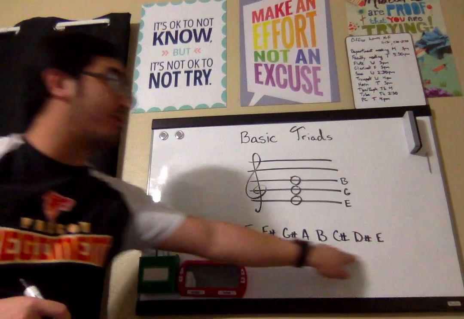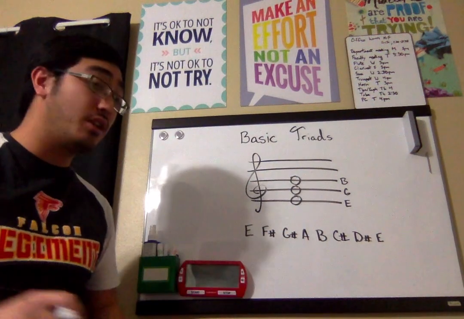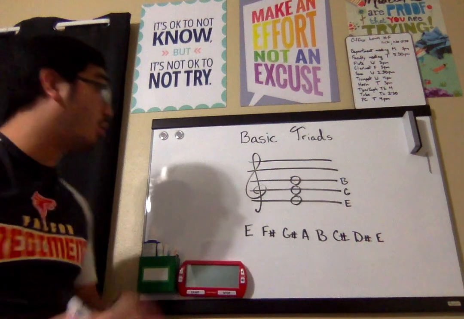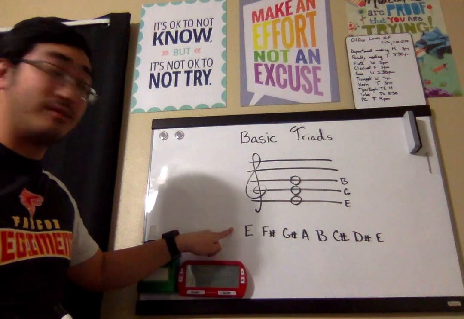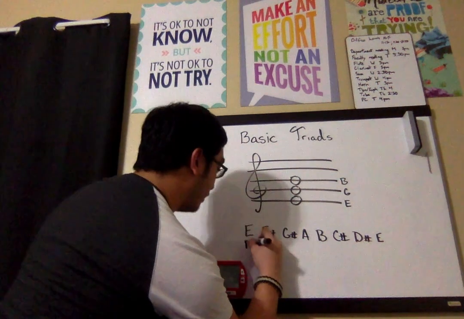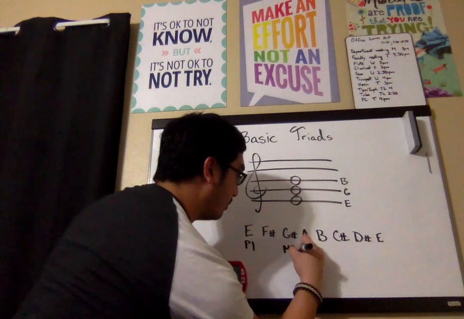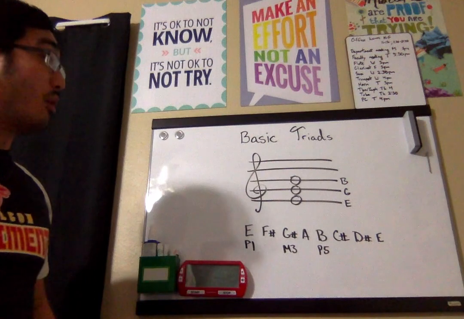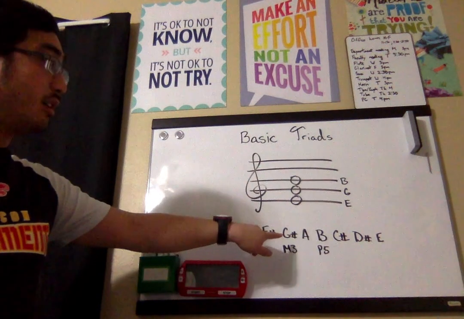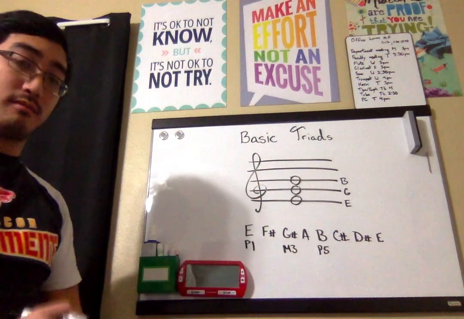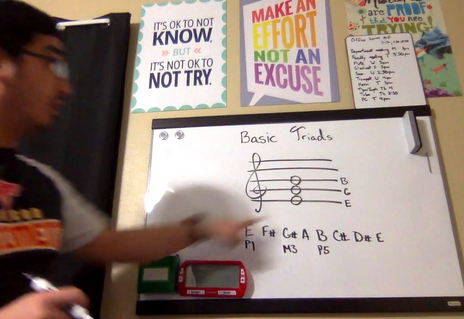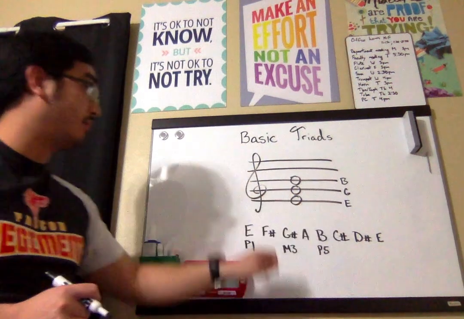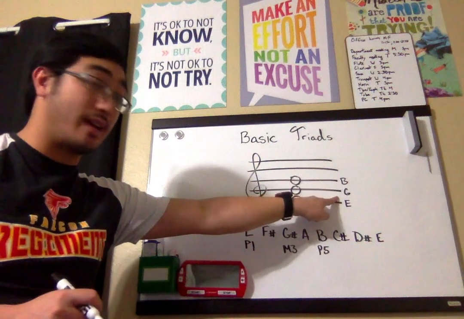Here's where you can identify all of the intervals. You don't need to go through all the diatonic intervals. We're only looking for 1, 3, and 5. Now, look at the notes in your scale and see if any of them match. E and E match. G sharp and G do not match.